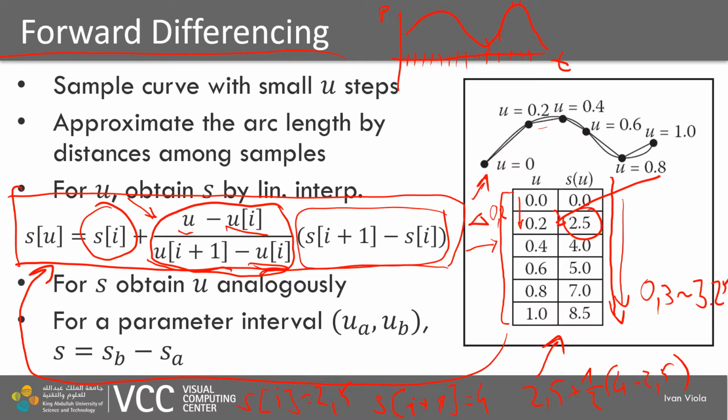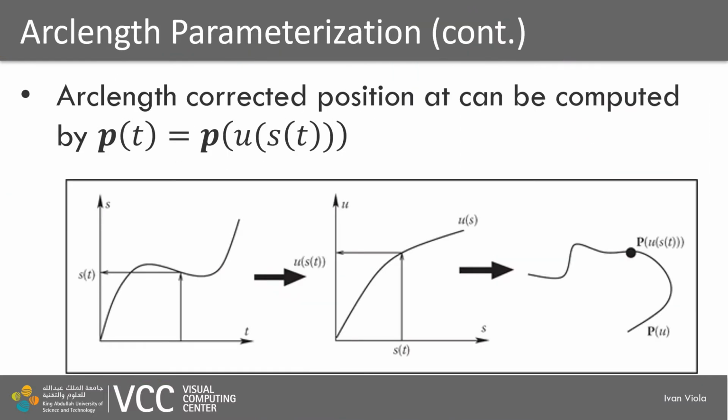So in some sense, we can calculate it similarly to the calculation we have made for the S(U), or we can use more advanced numerical methods to find the U for a given S. And that we can use for reparametrization to have the arc length parametrization achieved.